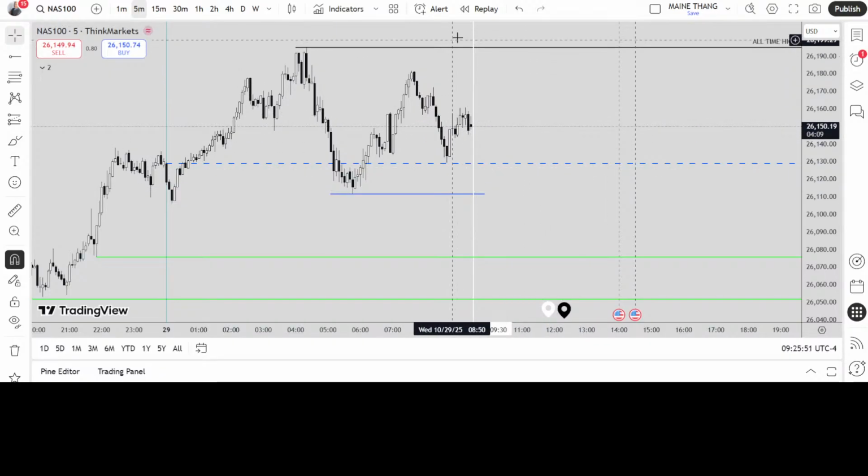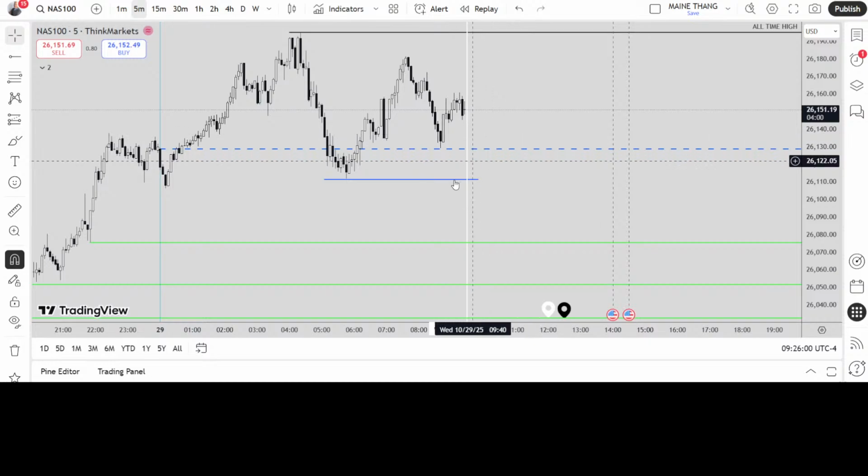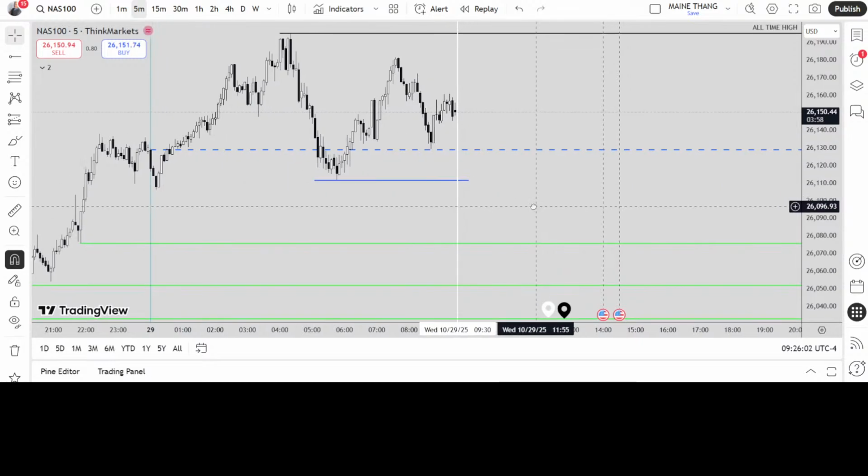I want to see price break this high. Not this one, it's so close right next to it. This is a minor structure. Major is here. And I want to see price break this low.